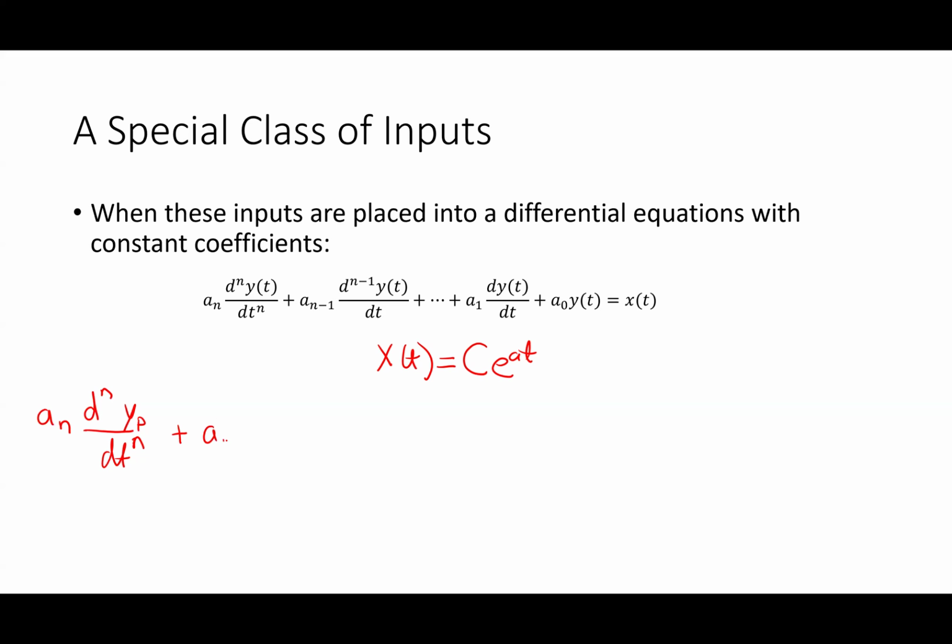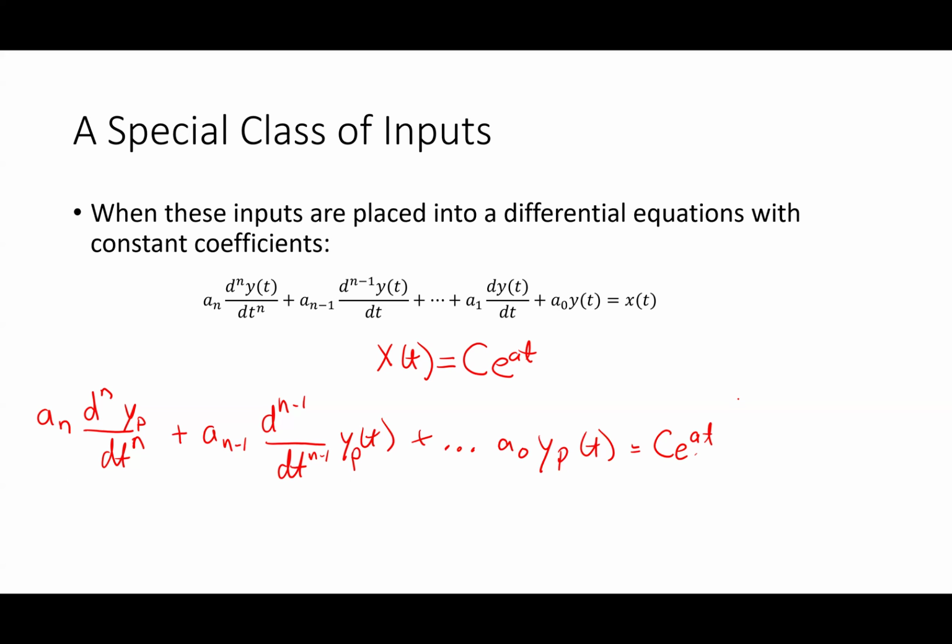All the way, keep going down to a0, times p of t equals x of t, where x, in this case, is c e to the at.